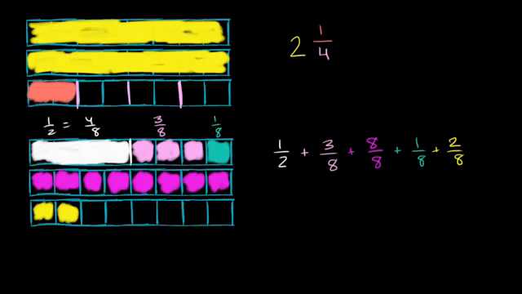If you add all of these together, 4/8 plus 3/8 plus 1/8, in terms of eighths, is going to be 8/8. 4 plus 3 plus 1 is 8. So you get 8/8, which is this entire whole. So hopefully that helps give you a visual understanding of what we're doing when we're adding and decomposing these fractions a little bit more.